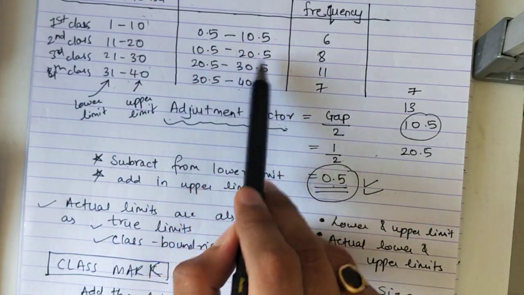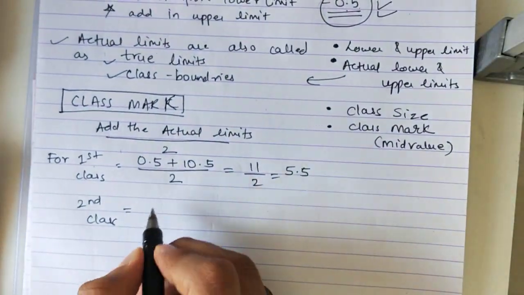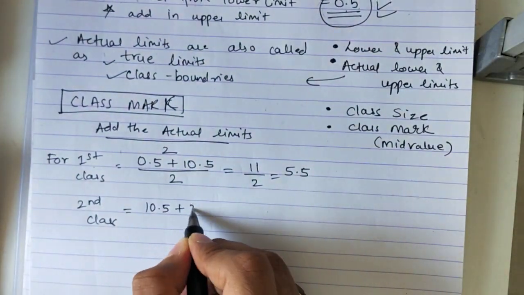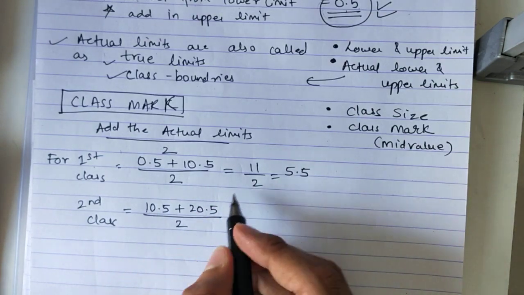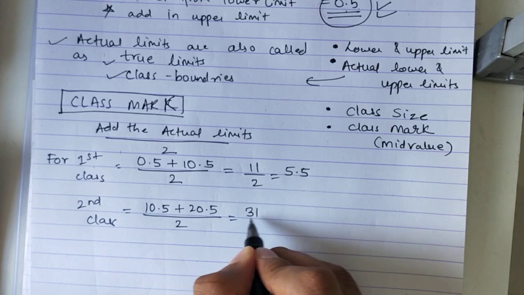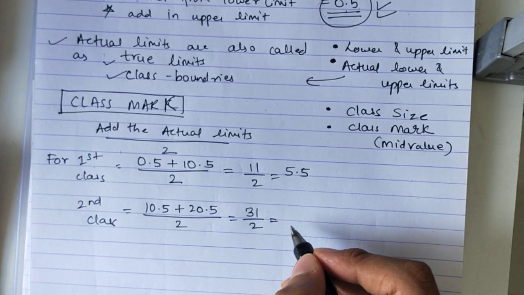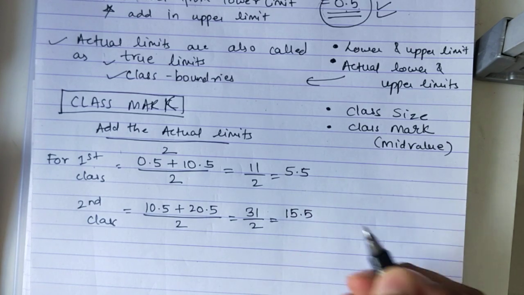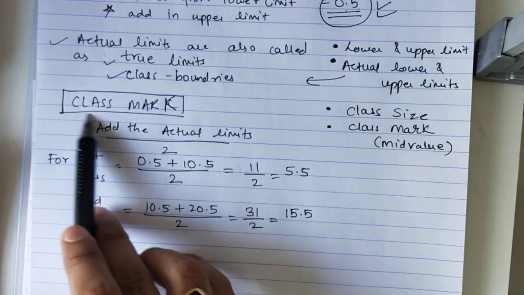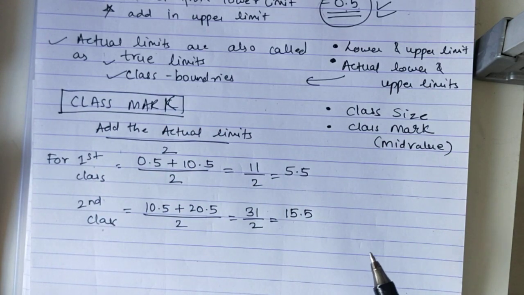So 10.5 plus 20.5. If you add 10 plus 20, 30, plus 0.5 plus 0.5, this is 31 upon 2. What is 31 upon 2? It is 15.5. So the class mark for the second class is 15.5.